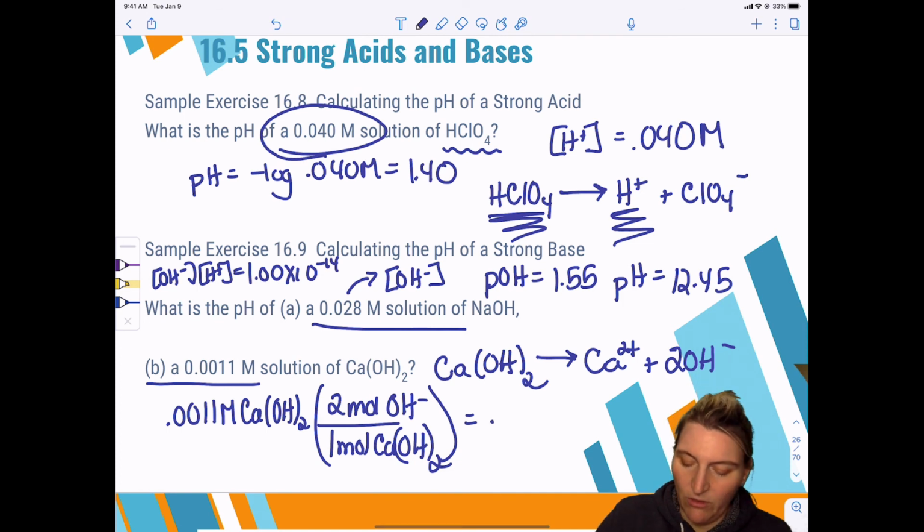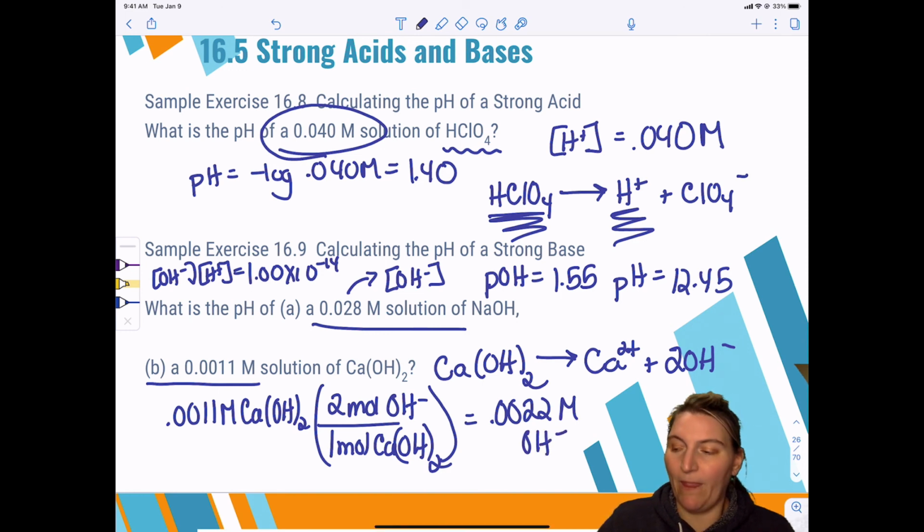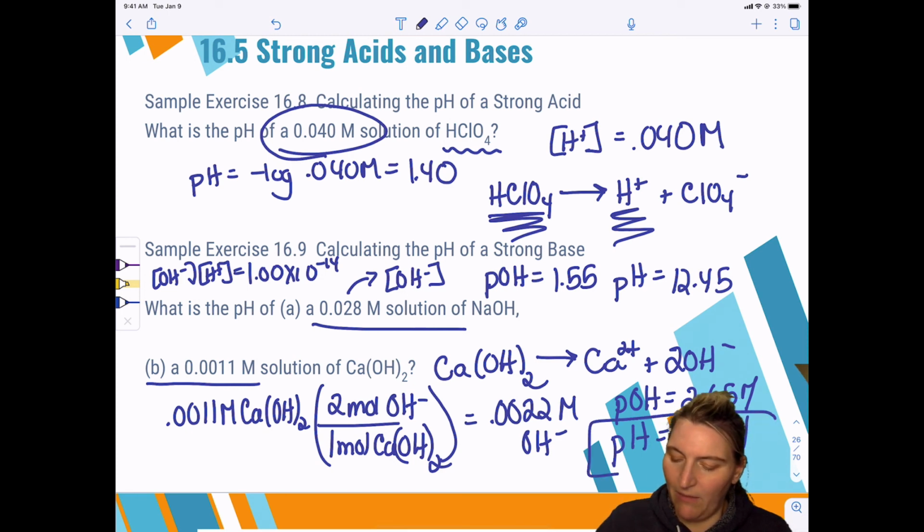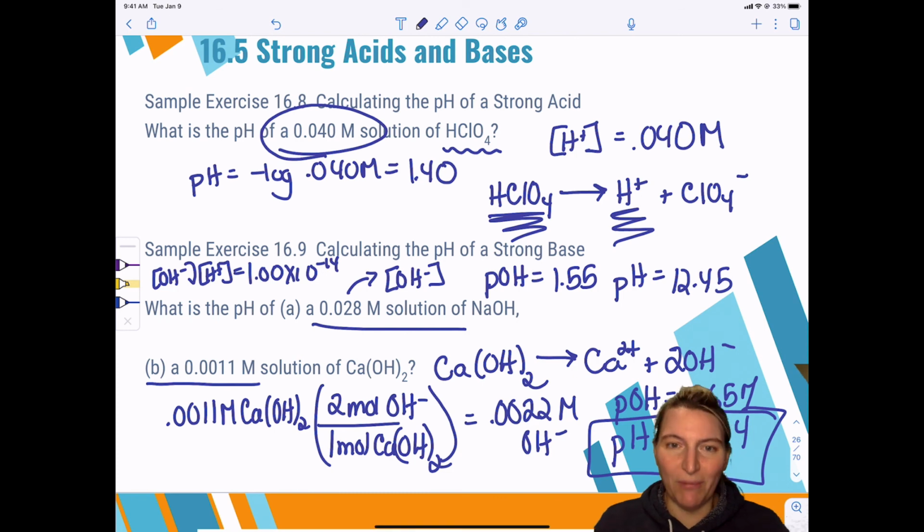So I know this is going to be 0.0022. It will be the molarity of the OH minus, and then take the negative log of that. So the pOH is 2.657. And the pH will be 11.34. Again, does that make sense? Yeah, it's a strong base. Its pH should be pretty high.